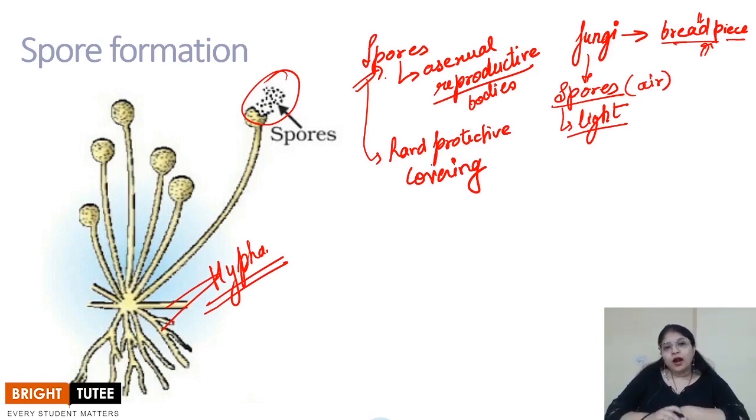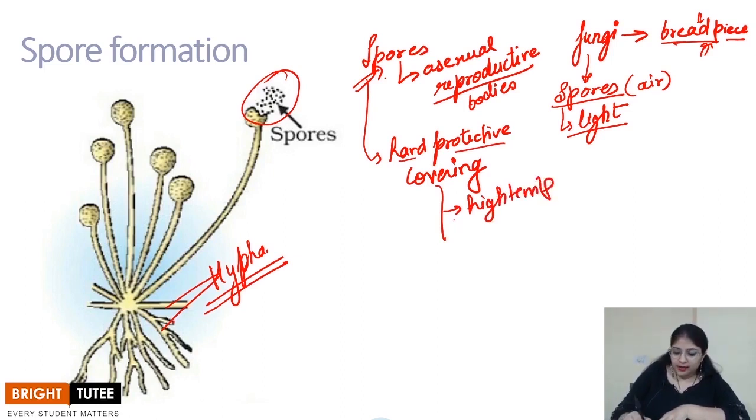So what are the unfavorable environments which the spores need protecting from? It is high temperature and low humidity. That means a hot and dry environment is dangerous for these spores, right?